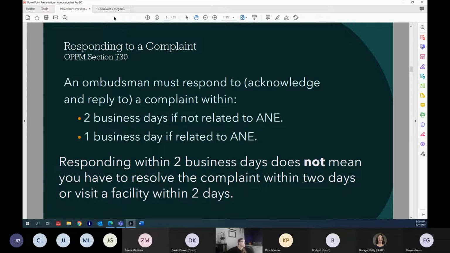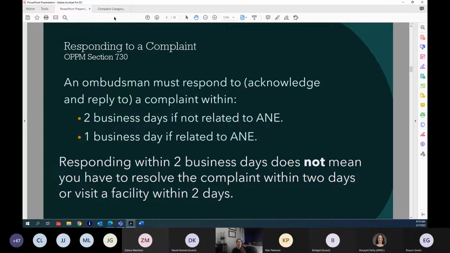We're moving on now to talk about the ways to respond to a complaint. Hopefully, you all know this is something that a lot of people have in their minds, this 2-day timeline.